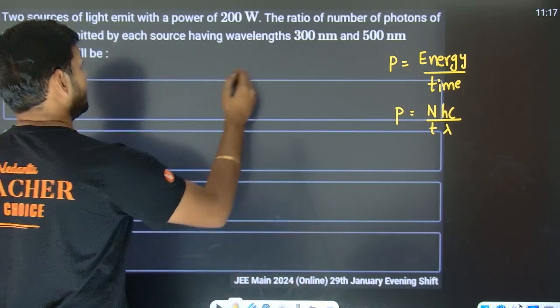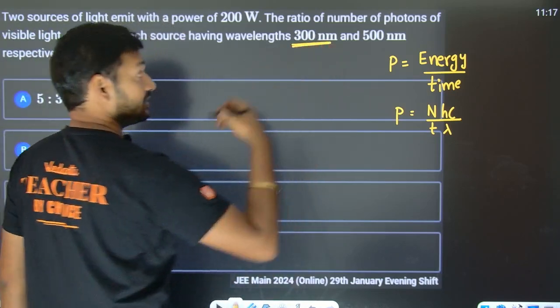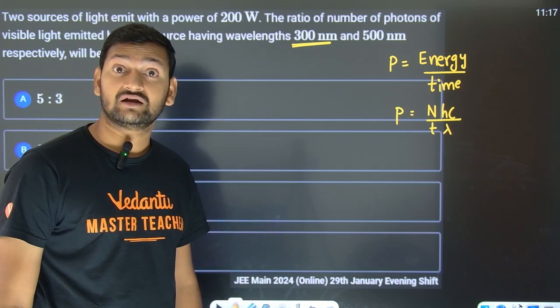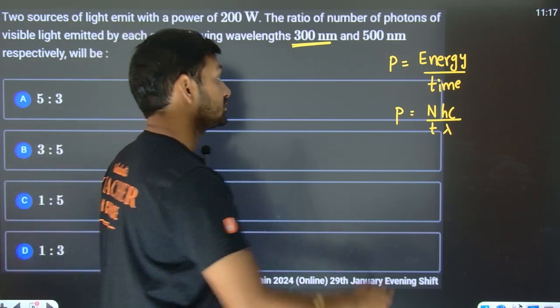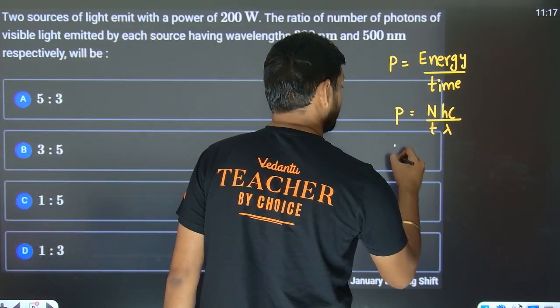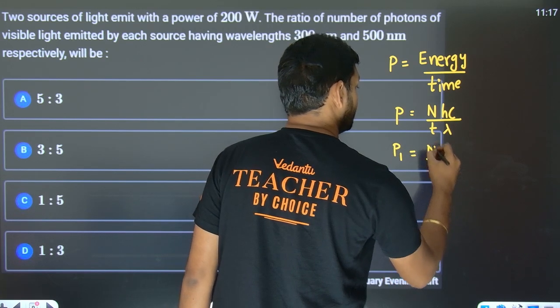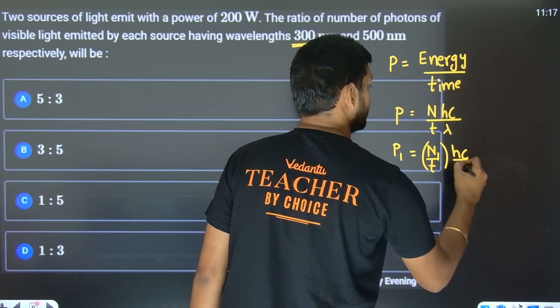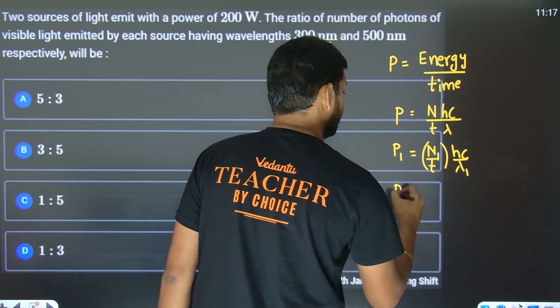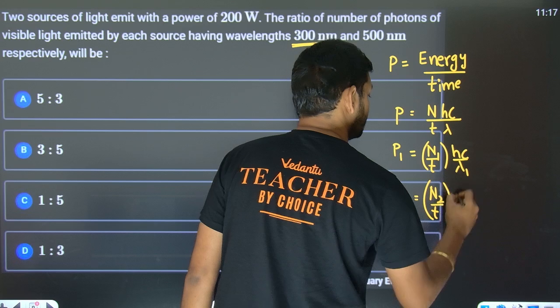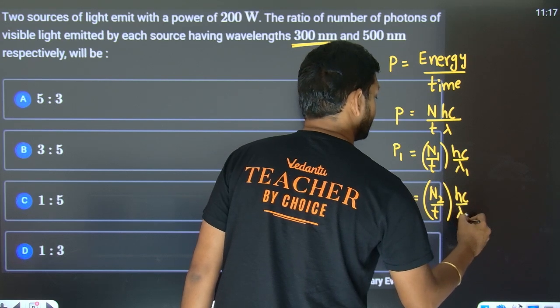Now, one bulb is emitting 300 nanometers wavelength, the other bulb is emitting 500, right? So the first bulb, P1, is N1 by T into hc by lambda 1. Now P2 is N2 by T into hc by lambda 2.